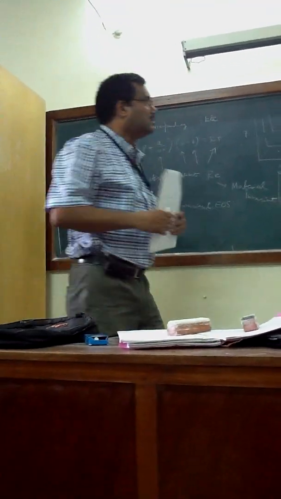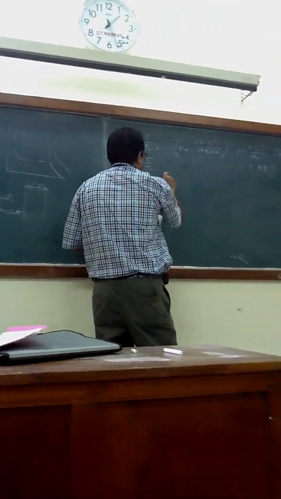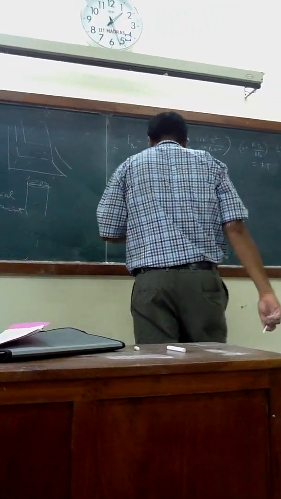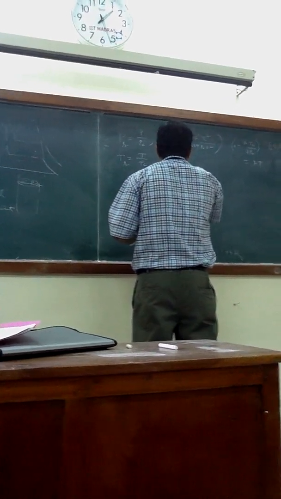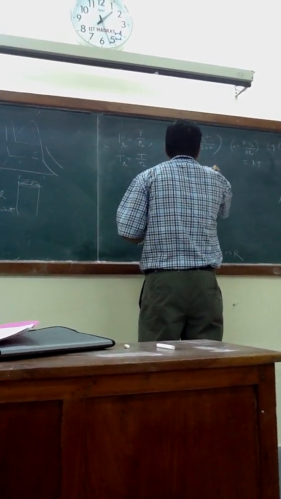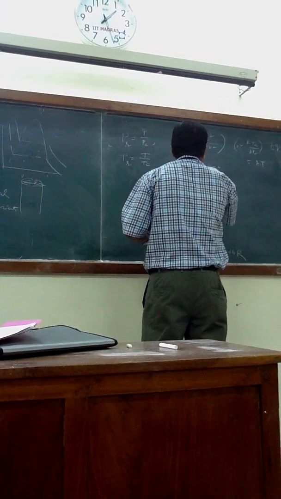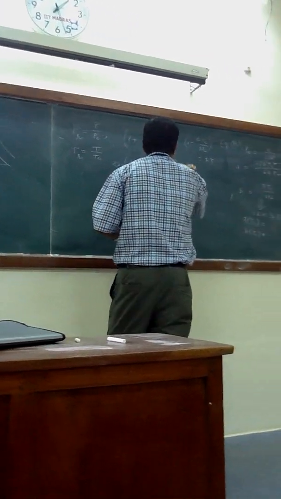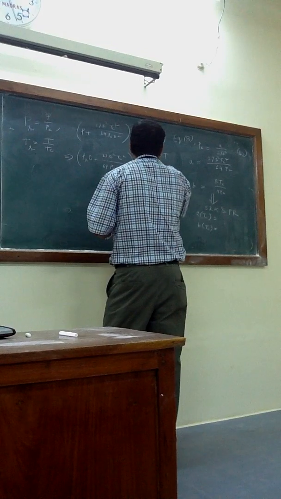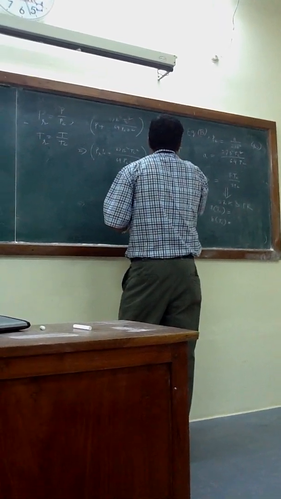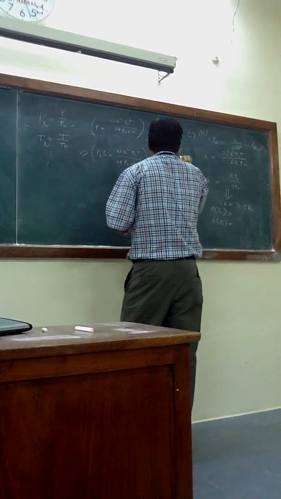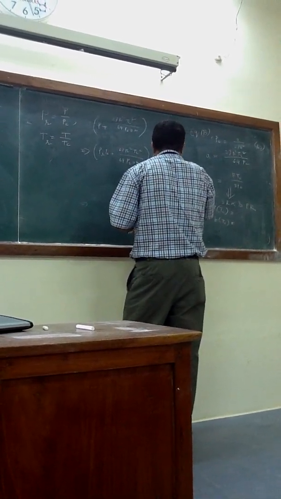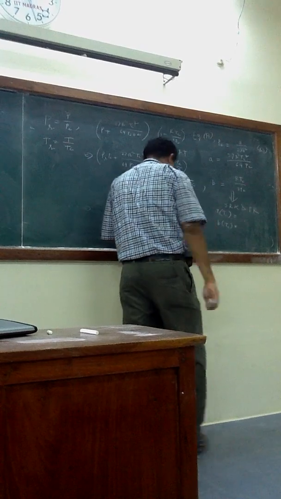Instead of P, you can write PR Pc, 27 R square Tc square by 64 Pc V square, V minus R Tc by 8 Pc equals R TR Tc.